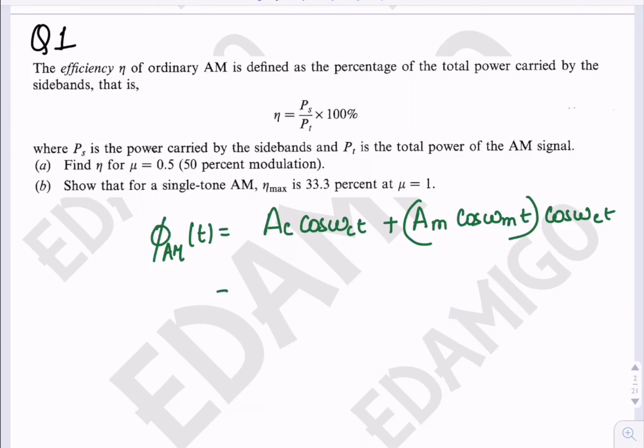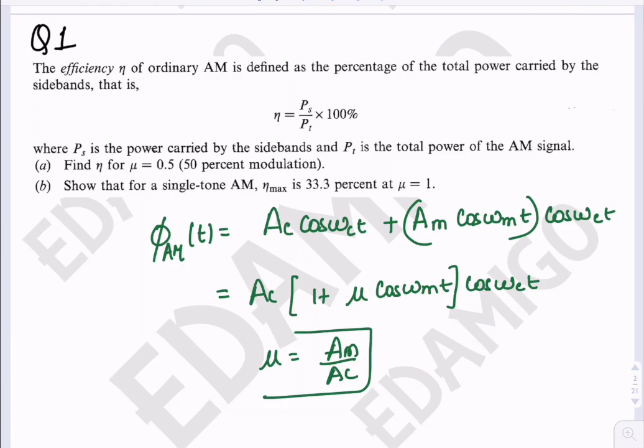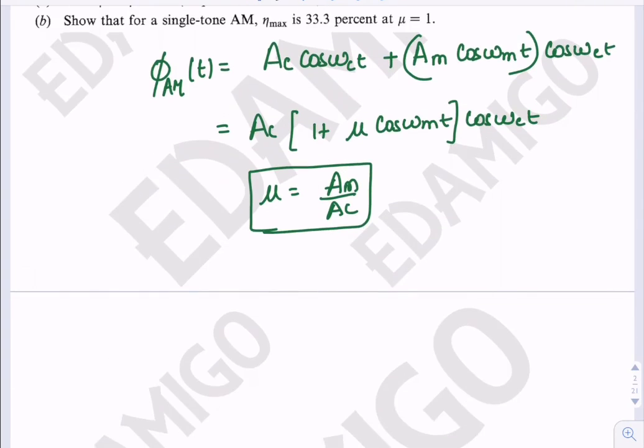Now this can be written as AC (1 + mu cos omega mt) cos omega ct, where mu equals Am upon AC, and we know that mu should be less than 1.